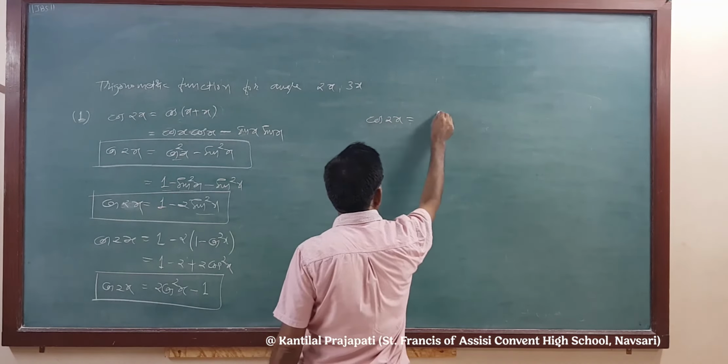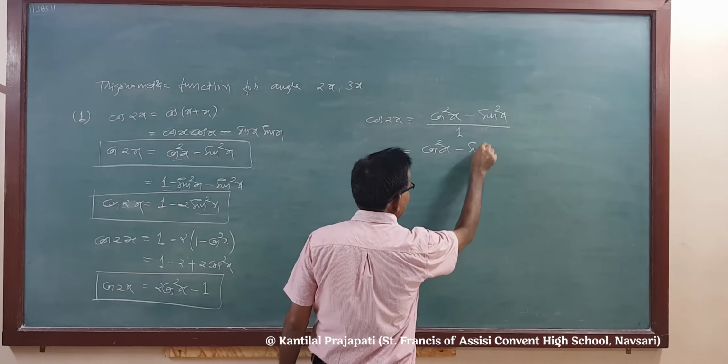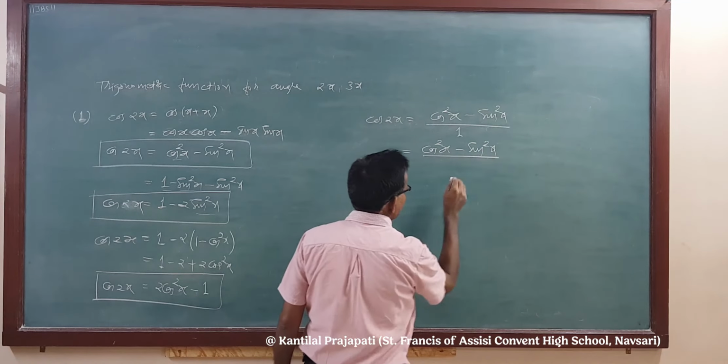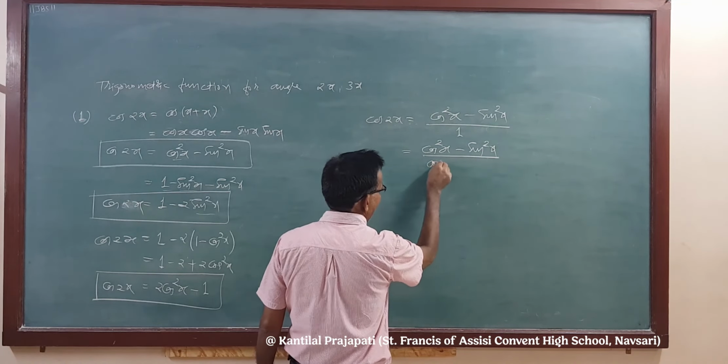So put the identity for 1 in cos and sin: cos square x minus sin square x upon cos square x plus sin square x. Numerator and denominator both dividing by what? Cos square x. We have to convert into tan, so the denominator must be cos. So each term dividing by cos square x.